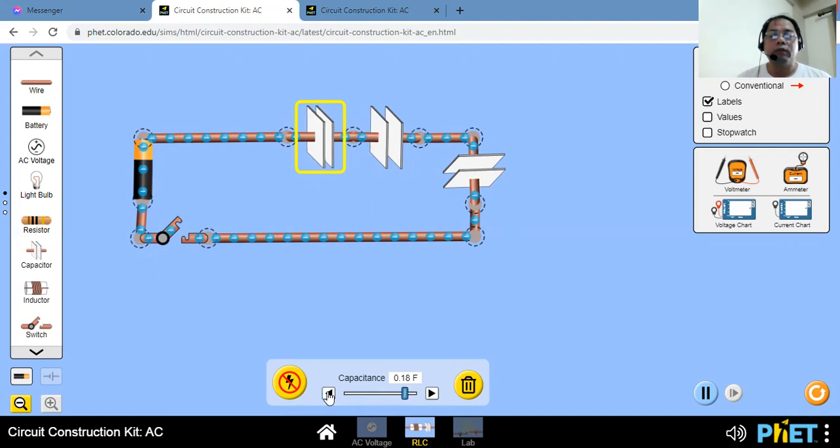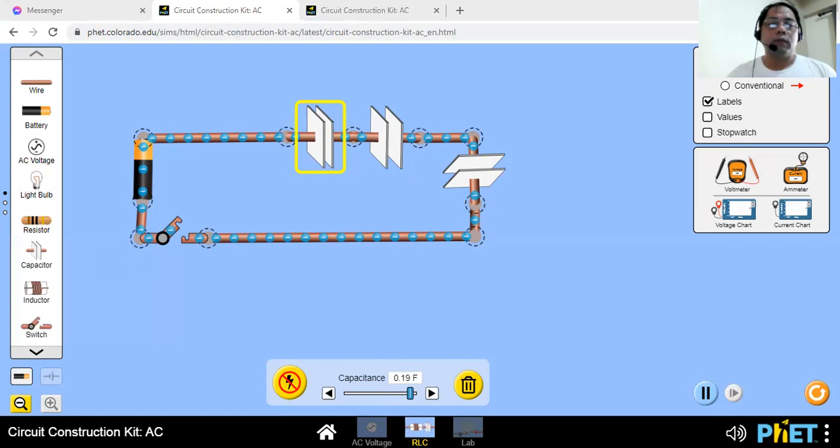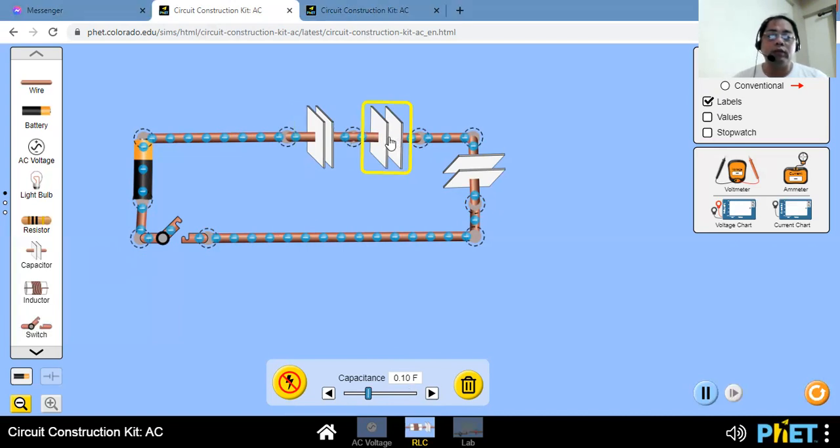So you can also use this to reduce the value. Or you can simply slide this one. Now again, for your setup, you have to have 3 of this. I do hope you get the value. So again, to change the value, you can simply click the capacitor and change its value.